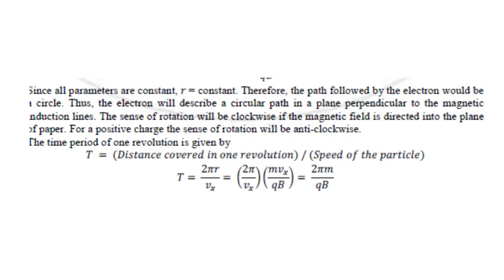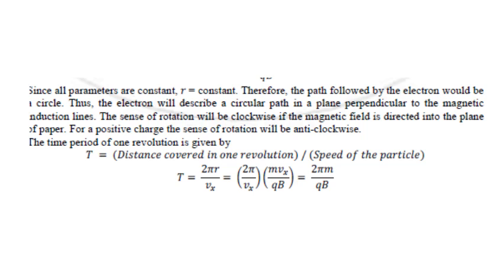Now, we have already obtained the value of r in the previous slide. This can be put here, m Vx upon qB. If we put this value here, the answer will be 2 pi m upon qB. Vx is cancelled out here.